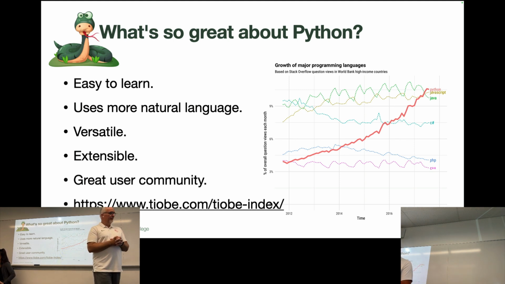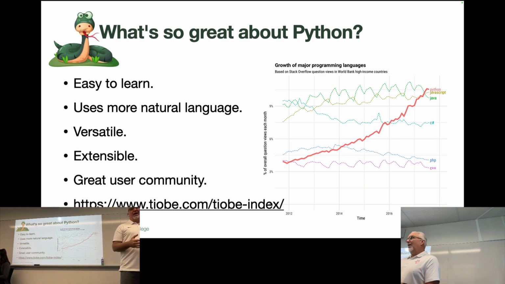It's very versatile and extensible, meaning it already does a lot of different things. But even better, it was built so that you can add stuff to it. So if you're like Guido van Rossum and you're sitting here saying, man, Python's pretty good, but I wish it did this, or I wish I had a command for that, you can just make it.